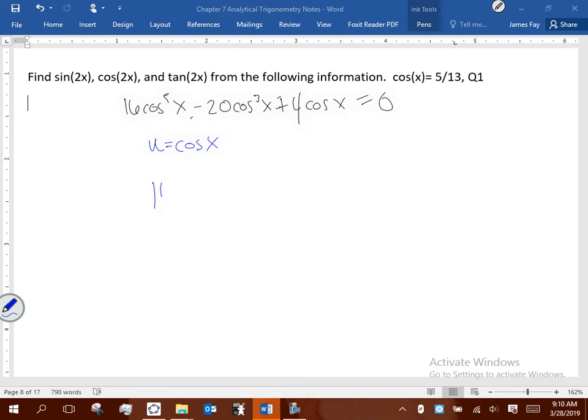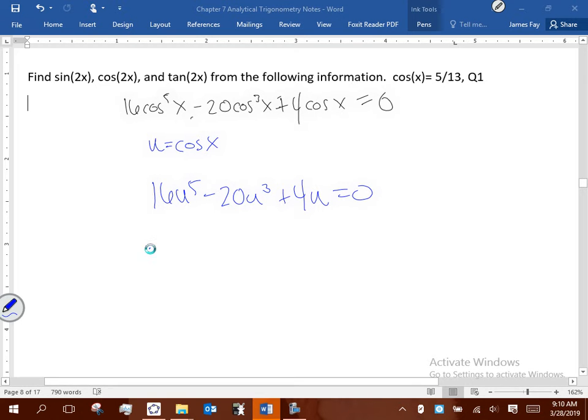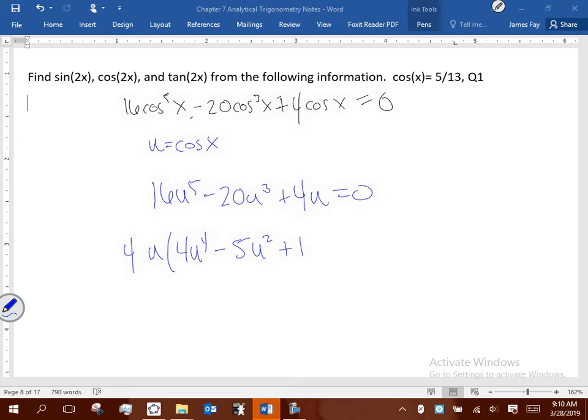Well, now if we do that here, we get 16u to the 5th minus 20u to the 3rd plus 4u equals 0. Bring out a u, we get 16u. We can probably bring out a 4u, can't we? We then get 4u times 4u to the 4th minus 5u squared plus 1 equals 0.